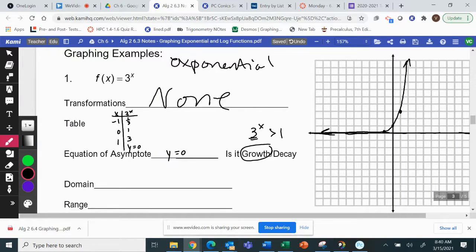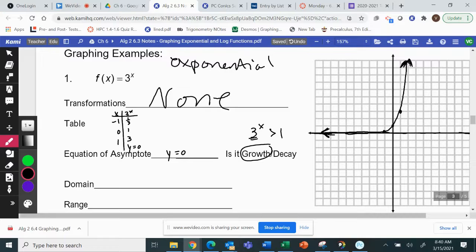Domain. So we're thinking left to right. How far to the left? How far to the right? The asymptote stops the graph. Nothing else stops the graph. The asymptote is horizontal. So it's making the graph just go up, basically.